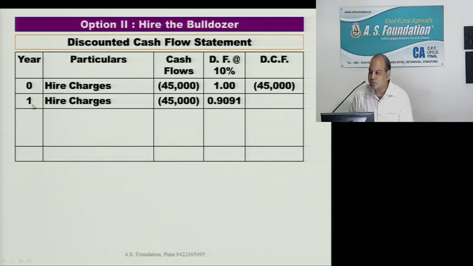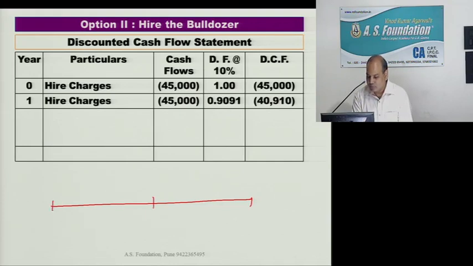What about tax shield on this? If you pay rent in advance, you are paying rent in year 0 and 1.